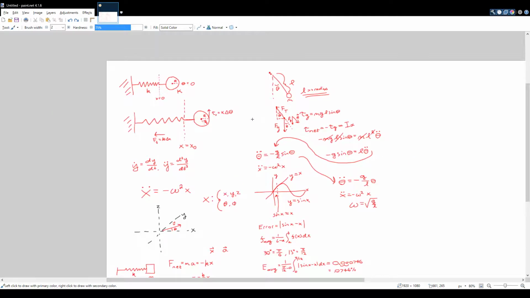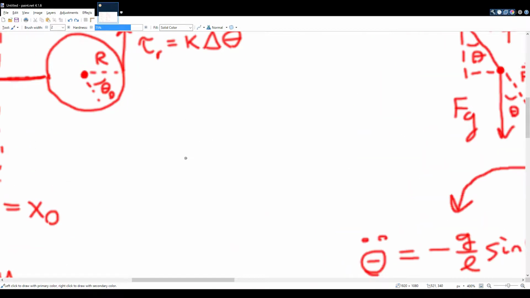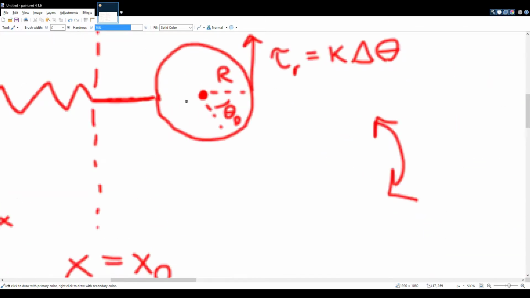And the question is, the initial ratio between the angular oscillations of the disk and the linear oscillations of the disk is equal to 1. So the angular frequency of the angular oscillations of the disk is equal to the angular frequency of the linear oscillations of the disk, meaning this disk will oscillate back and forth like that across its theta 0, right?